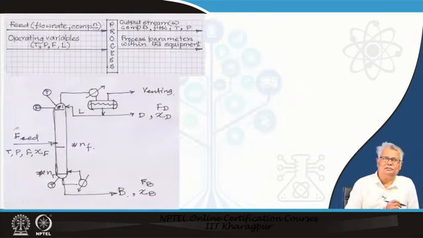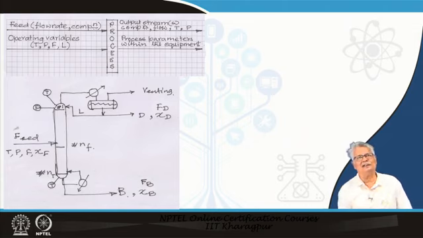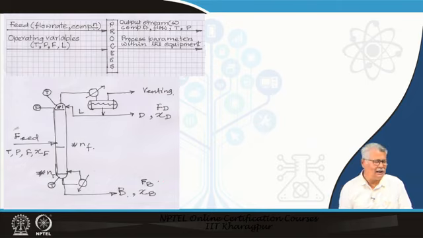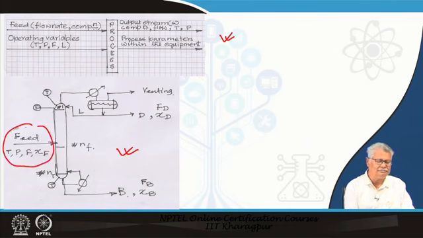Now, suppose we take this case a little bit further. In this case, I have just drawn the same example which I have shown earlier, and I have tried to give you an idea about the plant. So, what are the feed? The feed details are given here.